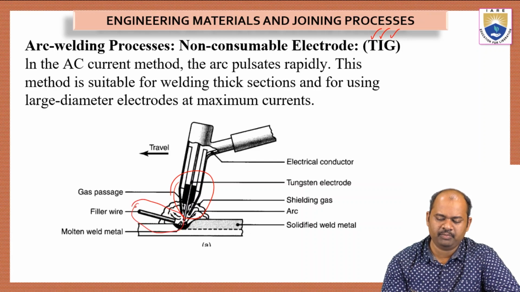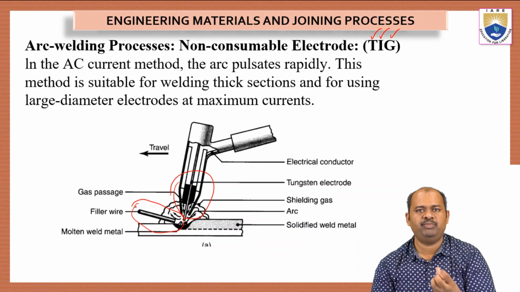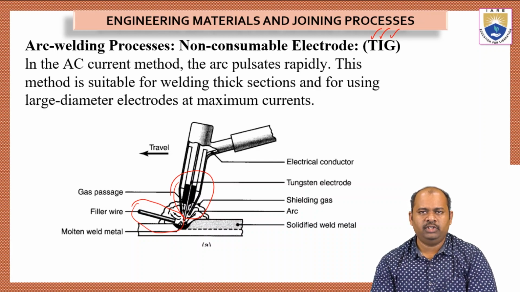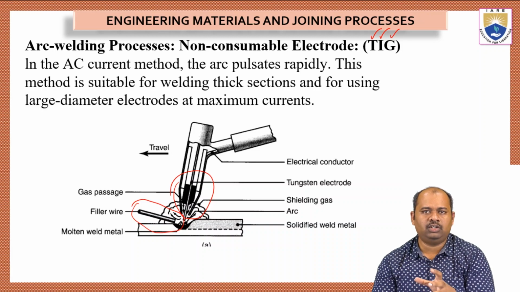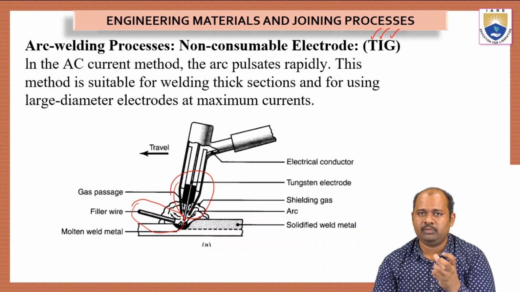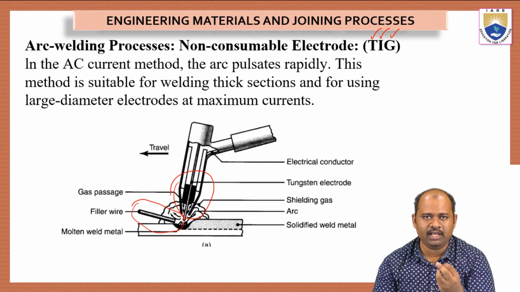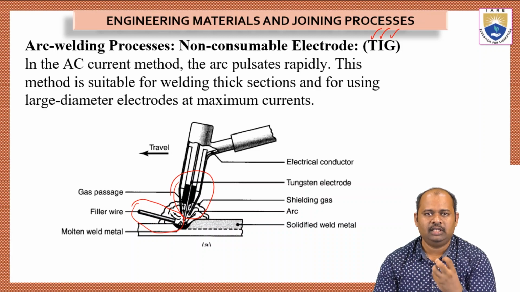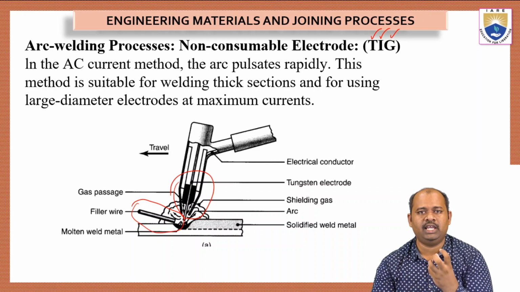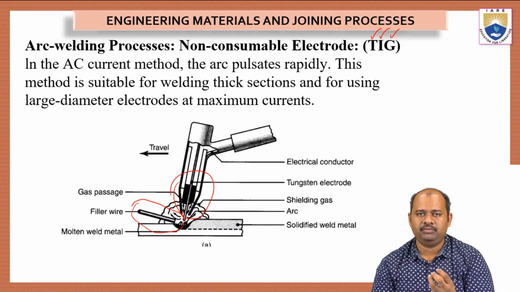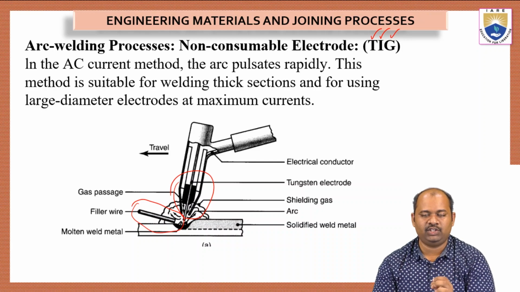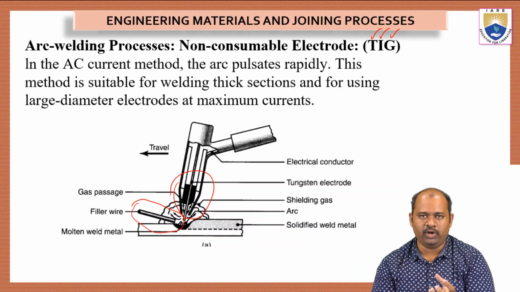When this filler metal is heated, it will simply melt. Now, this molten filler metal should not come in contact with the welding torch. Why? Because it will contaminate the actual properties, or it will form a layer on the tungsten electrode, so that the tungsten electrode cannot produce an arc properly. So that is why contact of the electrode with the filler metal has to be avoided.